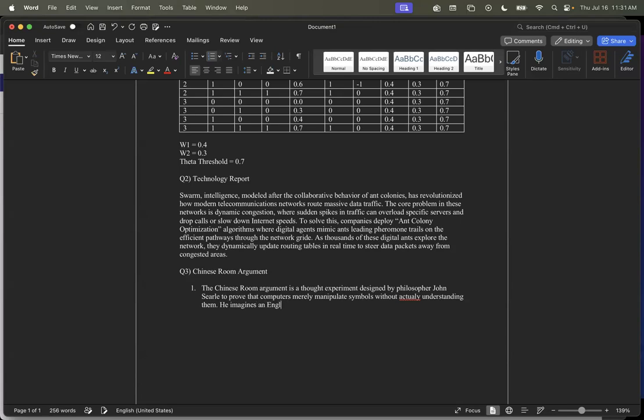He imagines an English speaking man who knows no Chinese locked in a room with a database of Chinese characters and an English rule book, which is the program that tells him exactly how to pair input symbols with output symbols.